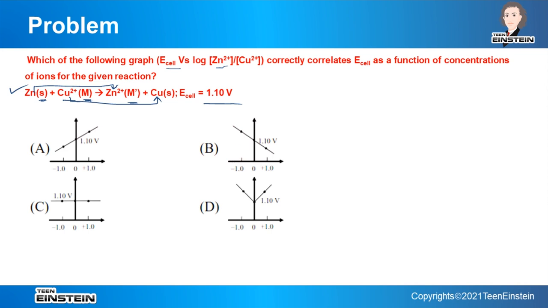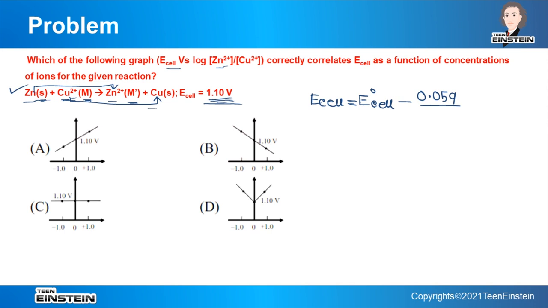So for this reaction, if we write the Nernst equation, it will be E cell equal to E naught cell, which will be this value, okay, minus 0.059 divided by n. So the number of electrons involved, you can easily understand from this equation, it is 2, okay. And if you are having trouble figuring out the value of n, then you can write the 2 half cells individually, and when you are adding these two equations, electrons will be cancelled.